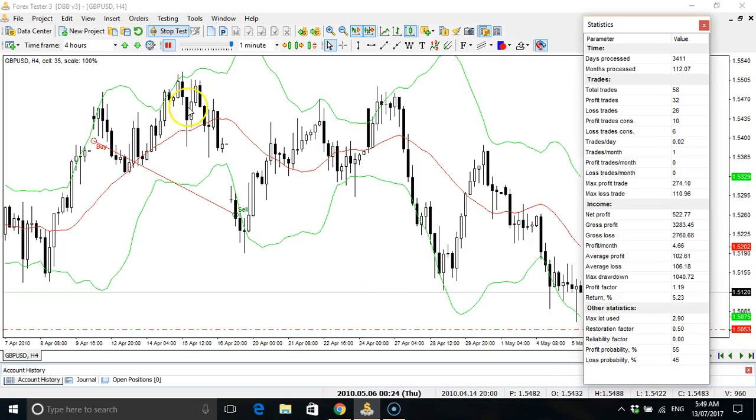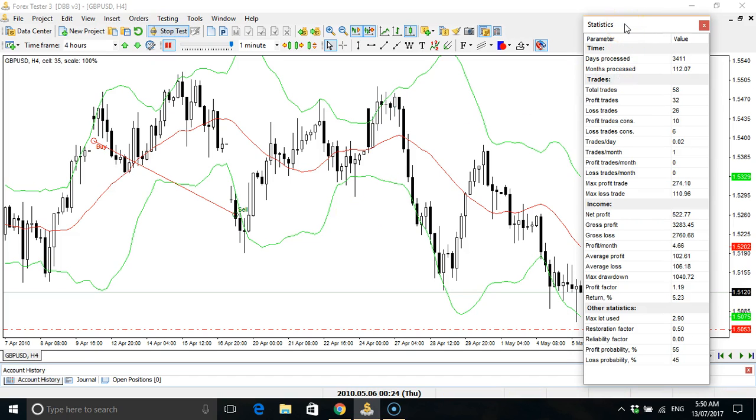I'm trading the pound US dollar 4-hour chart, and we're currently in 2010. It's American format, so month first, May 6th, and it shows the day the candle is printing in as well.